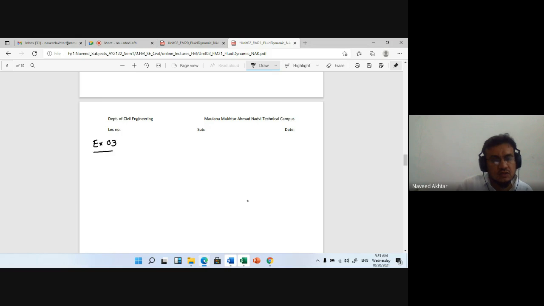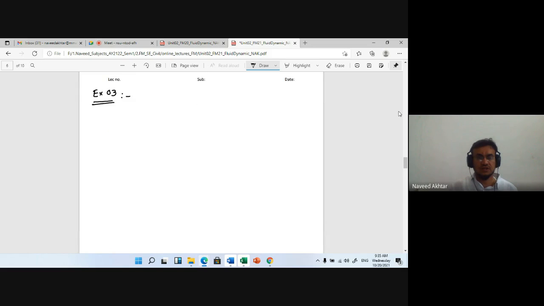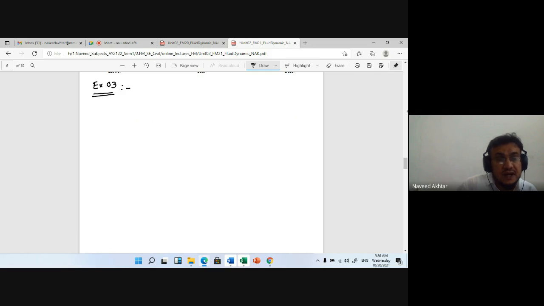Now we will try to solve an example with different cross-section areas, so that the diameter of your pipe is different and the velocity will also change. Okay.